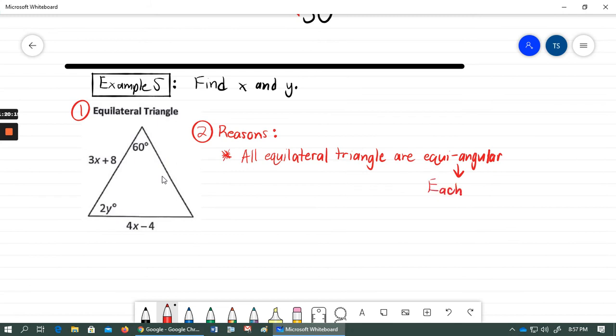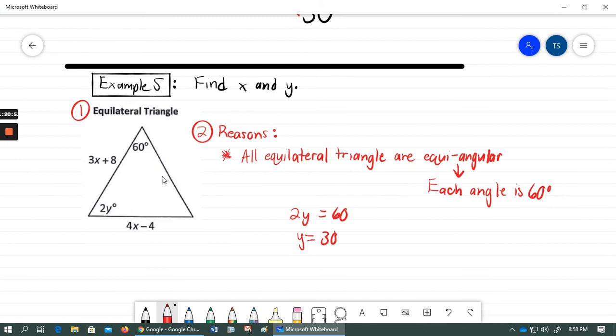All right, and we had said again that if it's an equiangular triangle, each angle is 60 degrees. So that means that this angle right here that says 2y is 60 degrees. Each angle there is the same if it's equilateral and equiangular. All right, so y equals 30.